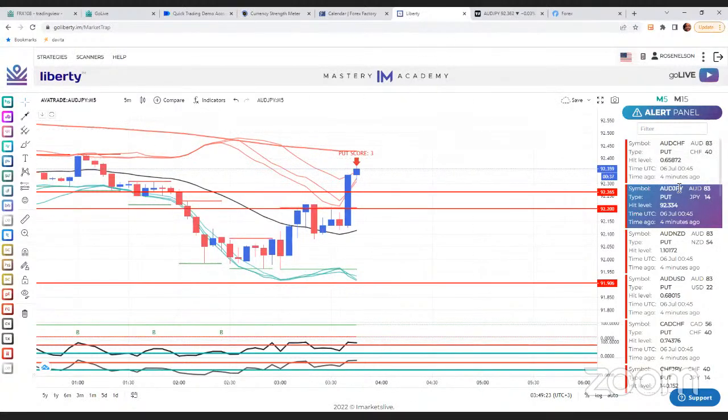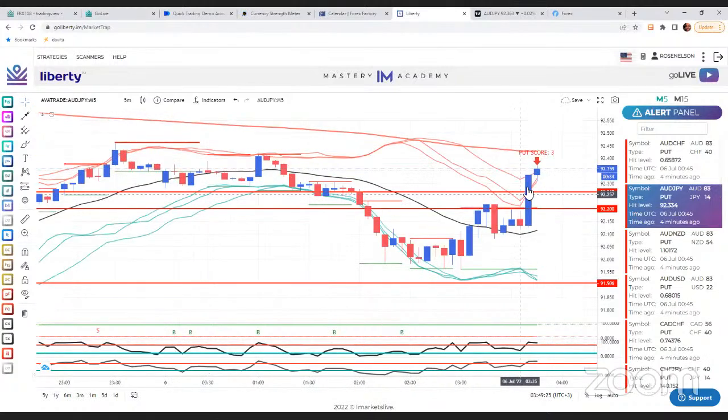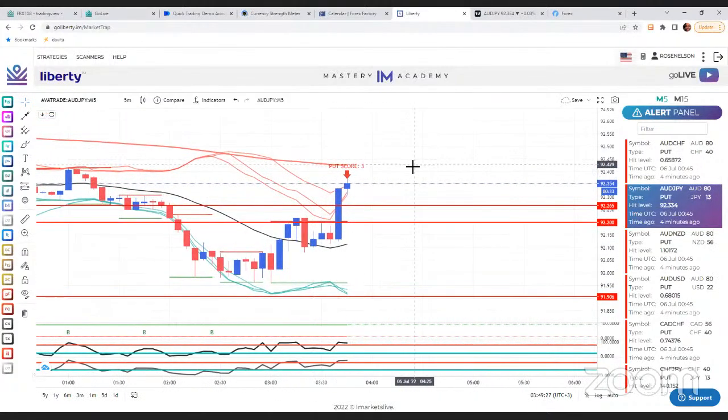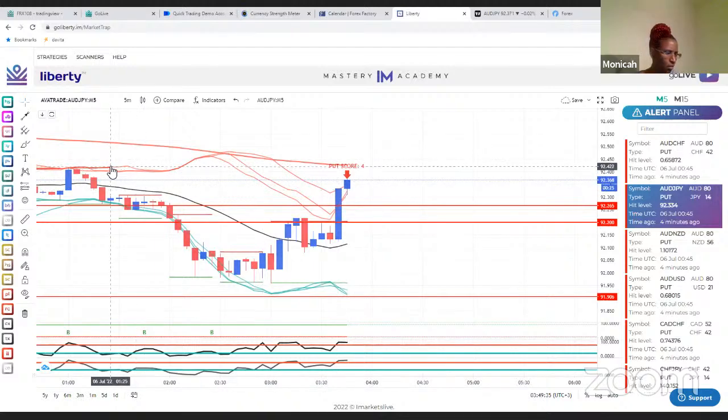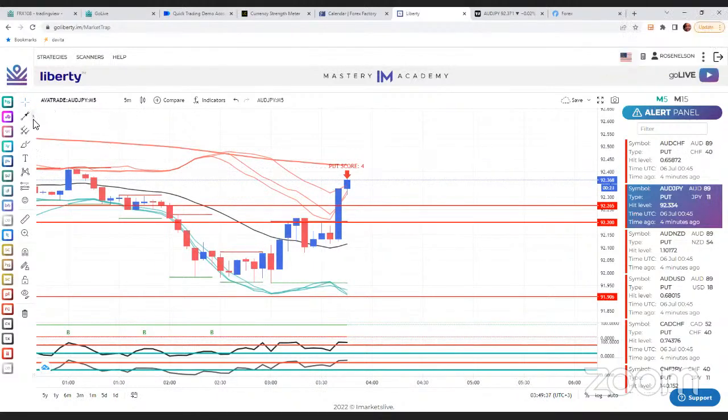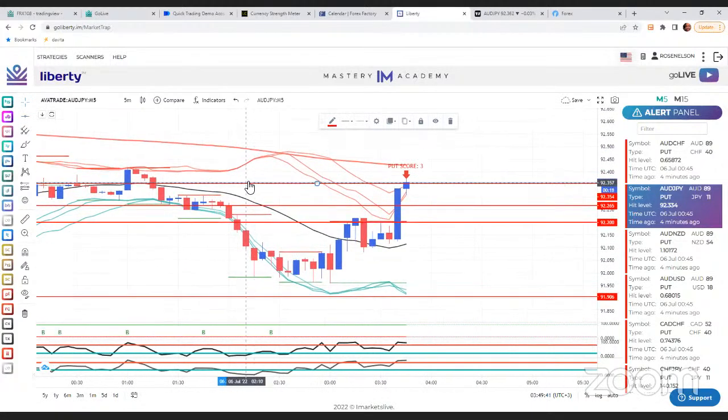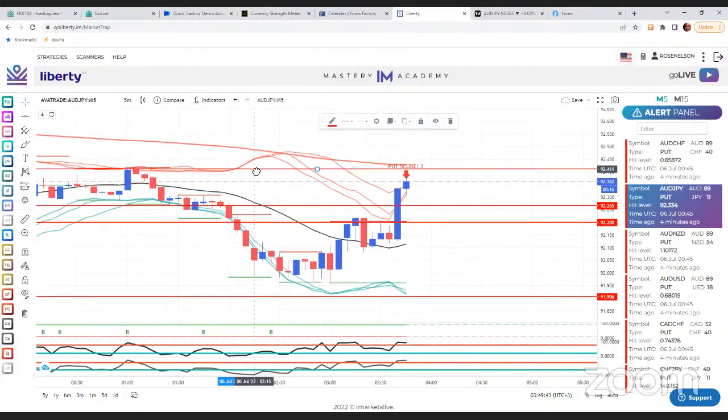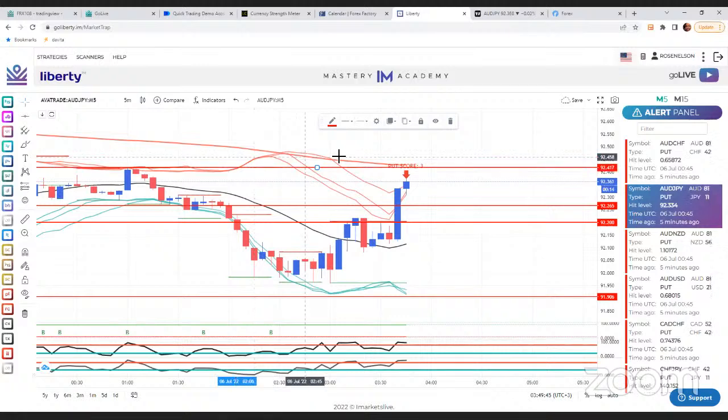I don't understand this thing at all, why it's misbehaving like this. It's telling us it's a sell market. So let's see. Let's adjust a little bit. And, oh, sorry. And put it over here.